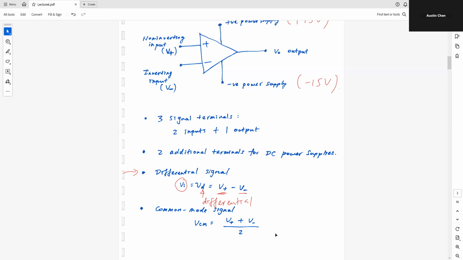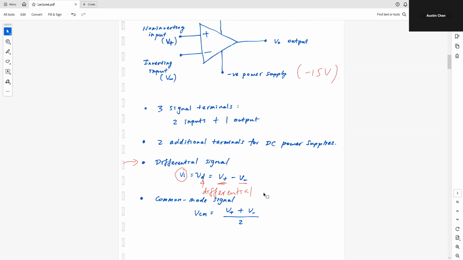In other words, I'm simply taking the average. So remember, for a differential signal, I'm taking the difference, taking the delta, V plus minus V minus, while for common mode signal, I'm taking just the average. Okay. (V plus + V minus) divided by 2.